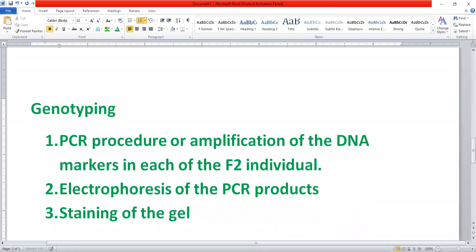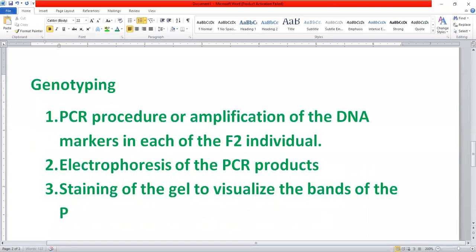Then comes staining of the gel to visualize the bands of the PCR products. The gel is stained and this staining makes the bands of the PCR products visible under fluorescent light.